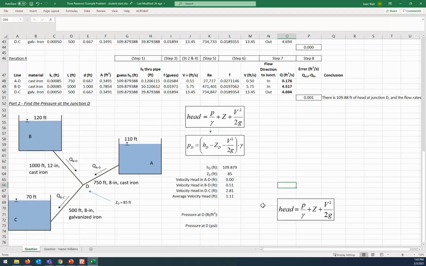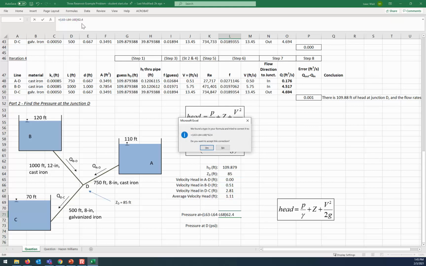So if we want to find the pressure at one location, it's going to be the head minus z minus velocity head, multiplied by gamma. Okay, so it is the total head minus the elevation minus the velocity head, and then we need to multiply all of that by our unit weight of water, which is 62.4 pounds of force per cubic foot.